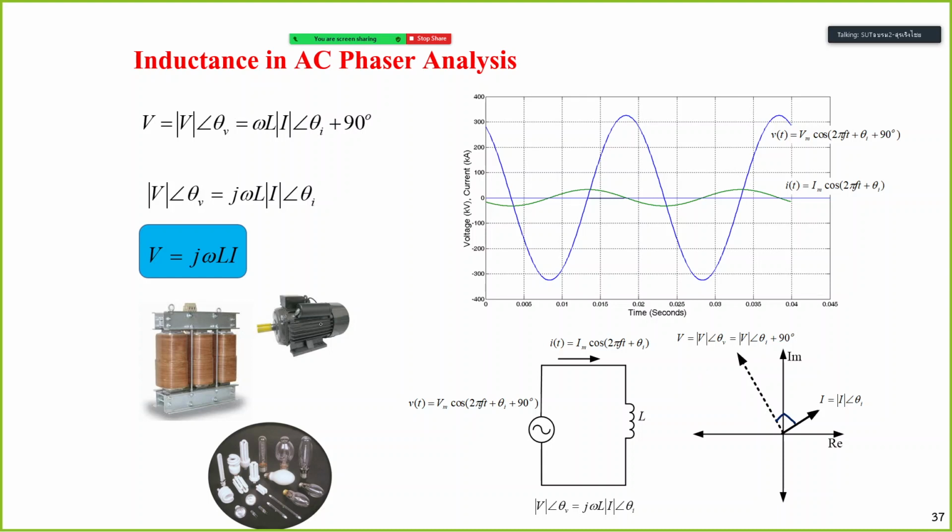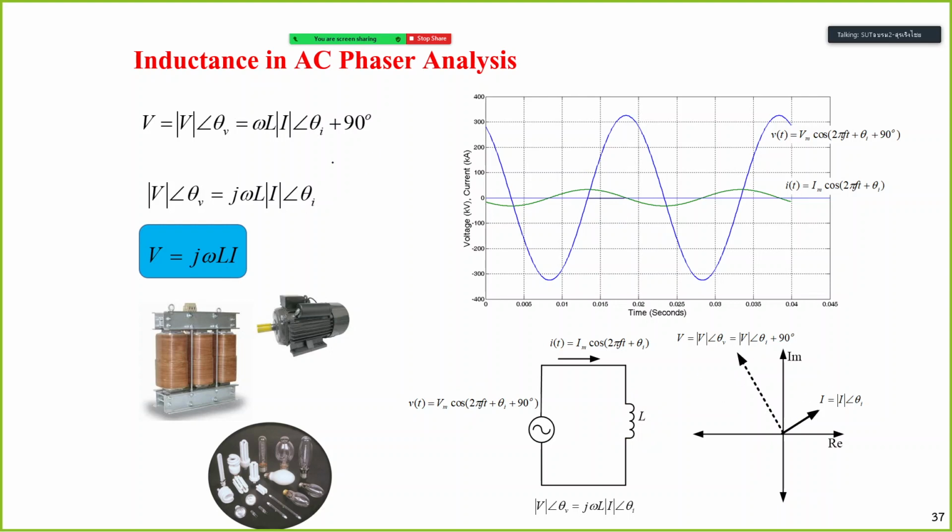The formula is that the voltage and the current have the relation by j omega L, with the inductance value of L. If you substitute the relation into the sinusoid signal, we will have that the voltage and current shift each other by 90 degrees, and the current will lag the voltage by 90 degrees.